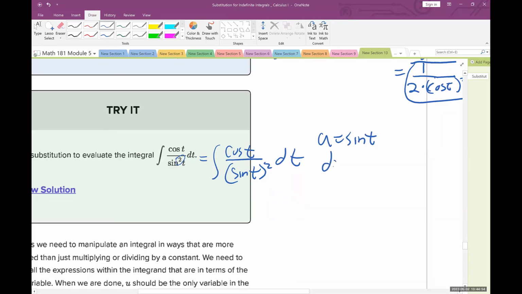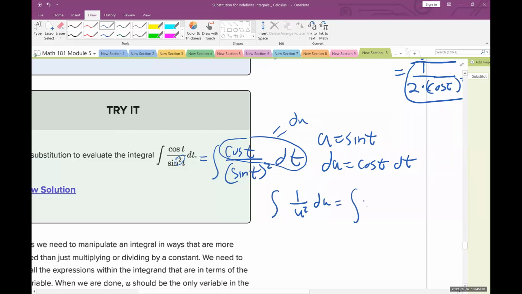So what would du be? It'd be cosine t dt. So you end up with the integral of 1 over u squared du, because here's our cosine t dt, that's our du.